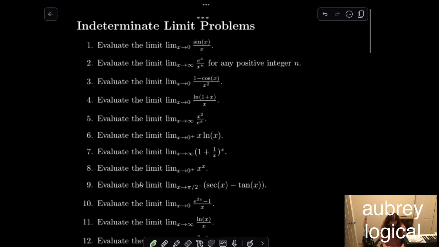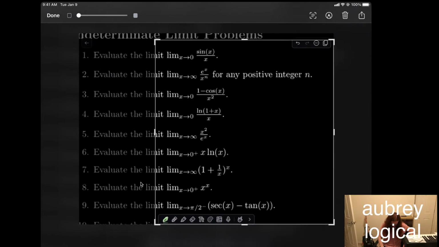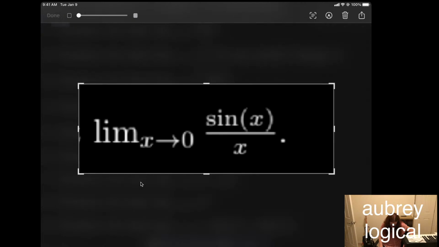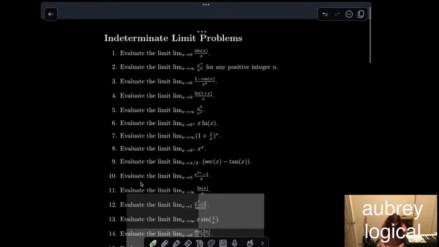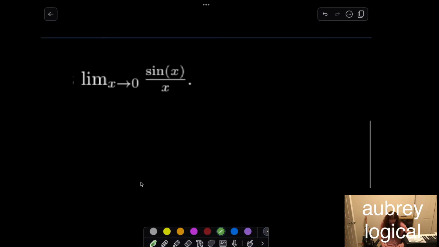Our first problem is, okay. So, first thing we're going to do is plug in, but we are not going to plug in on the paper.